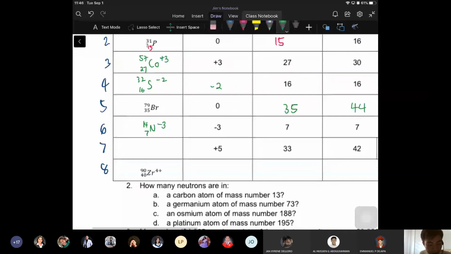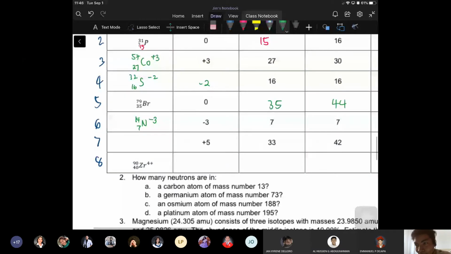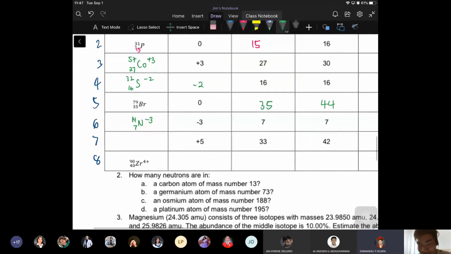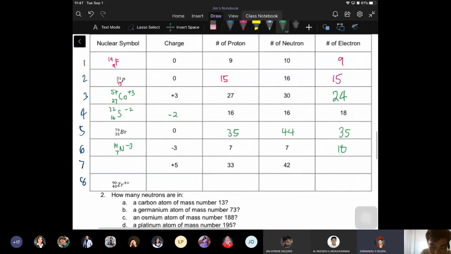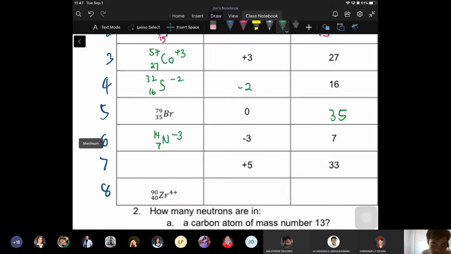Number 7. Emmanuel will recite again. Number of electrons is 28, because the charge is positive 5, so proton minus 5. That's correct. Then the nuclear symbol.